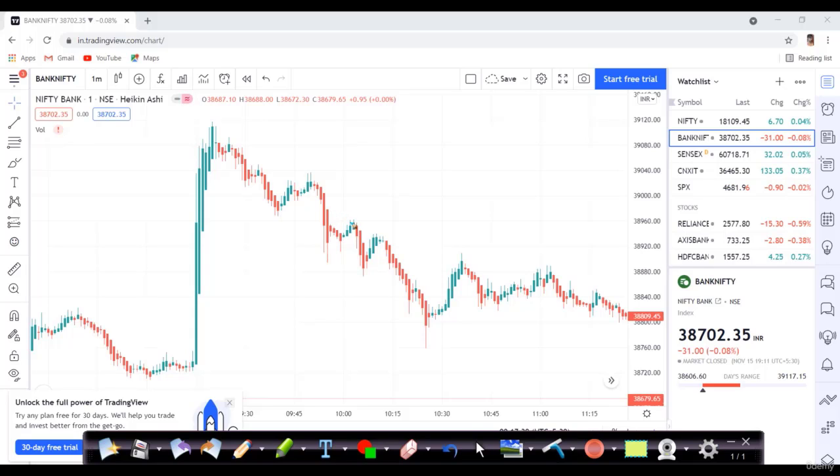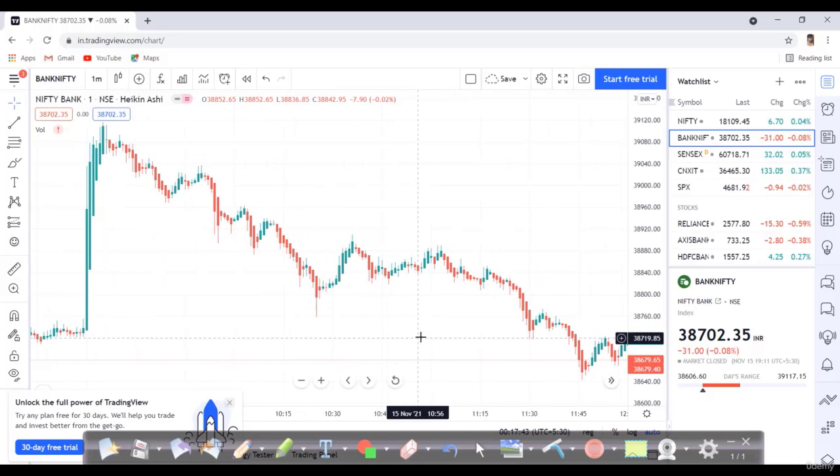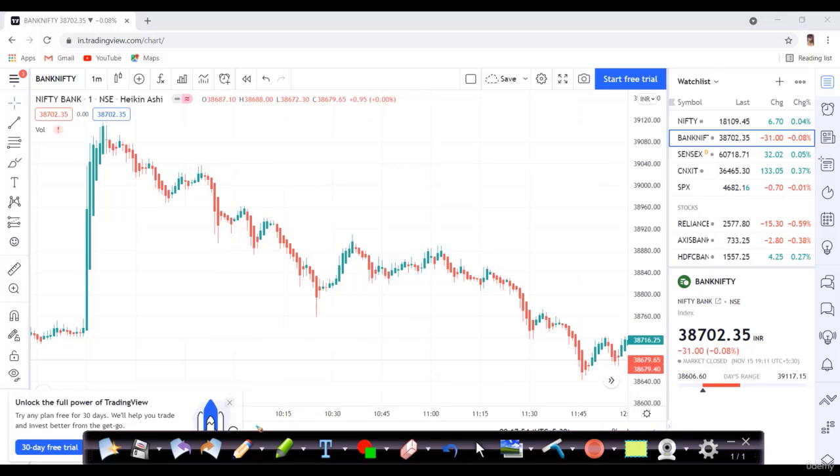It's helpful to find out the trend in the market, or if your mindset is panicking while trading, you can just shift to Heiken Ashi. Now the major problem in Heiken Ashi is in the live market chart.